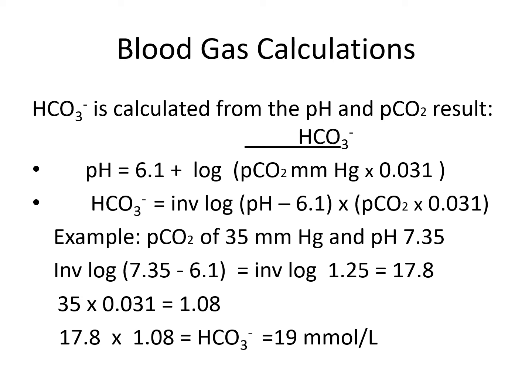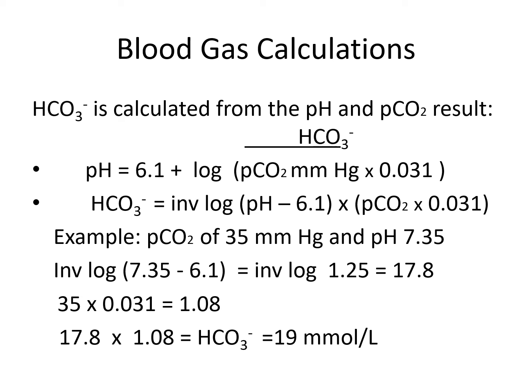Right, so we have here some example calculation. If the PaCO2 level is 35 millimeter mercury and the pH is 7.35, we can substitute the values. Inverse logarithm 7.35 minus 6.1 is equal to this value. Right, so 7.35 minus 6.1 is 1.25. Inverse log is equal to 17.8.